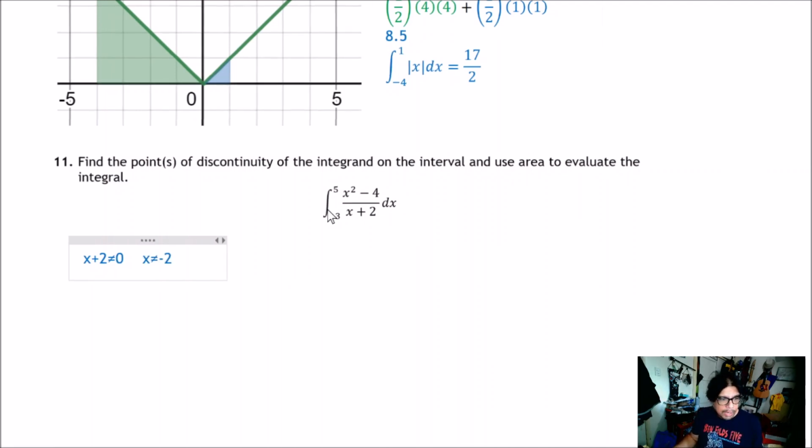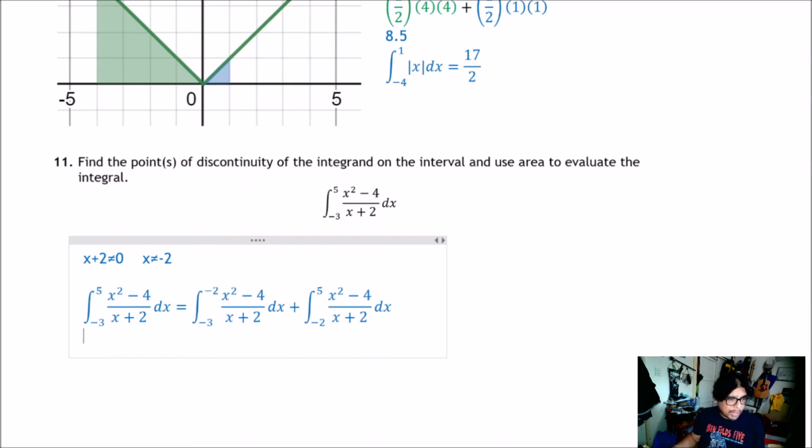Which is right in our interval because -2 is between -3 and 5. So we know we're going to need two integrals, one integral that goes from -3 to -2, and the other integral that goes from -2 to +5, since there are no other points of discontinuity.